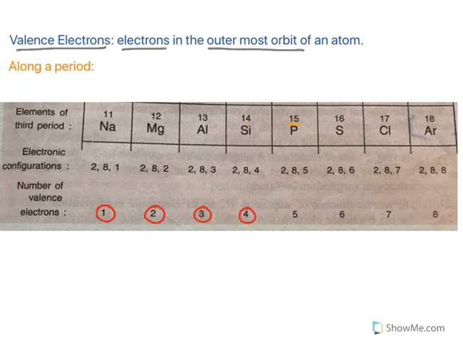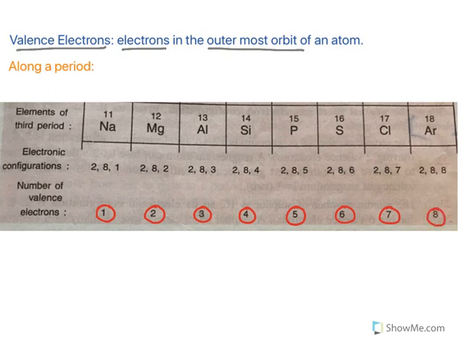We go to phosphorus, which is 15. Electronic configuration 2, 8, 5. 5 electrons in the outermost orbit, so valence electrons 5. And in this way you go through all the atoms. For sulfur it is 6, for chlorine it is 7, and for argon it is 8.